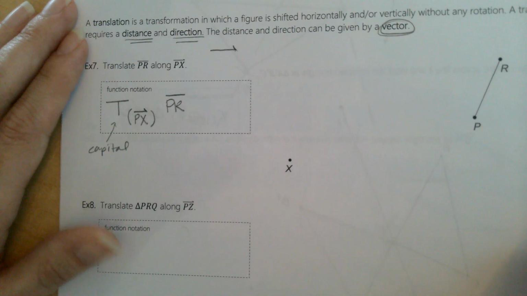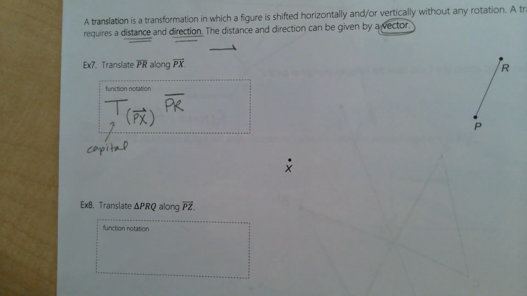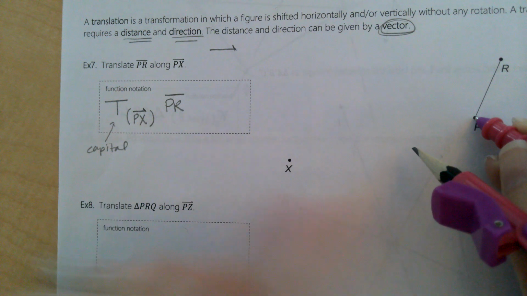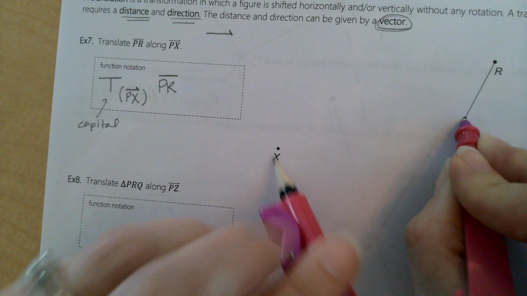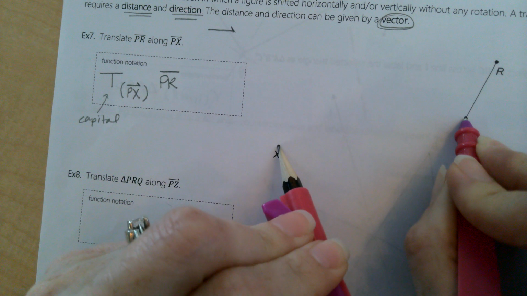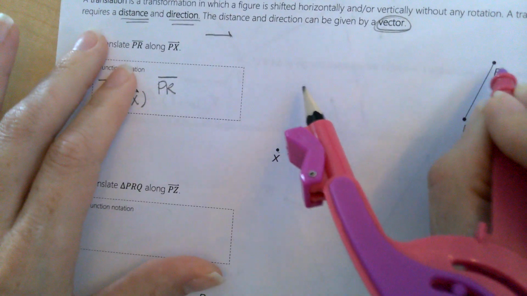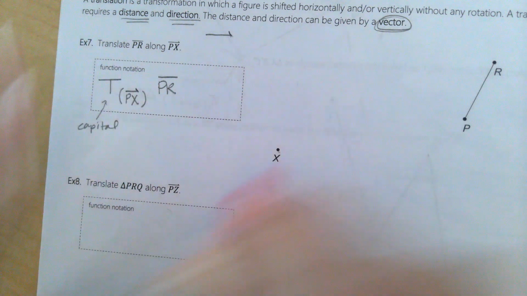Okay, so when it says PX as the vector, that means we're going to go along P to X. We're going to go this distance here, P to X. We are going to take P to X and we're going to take R the same distance, because we stay the same distance in the same direction.